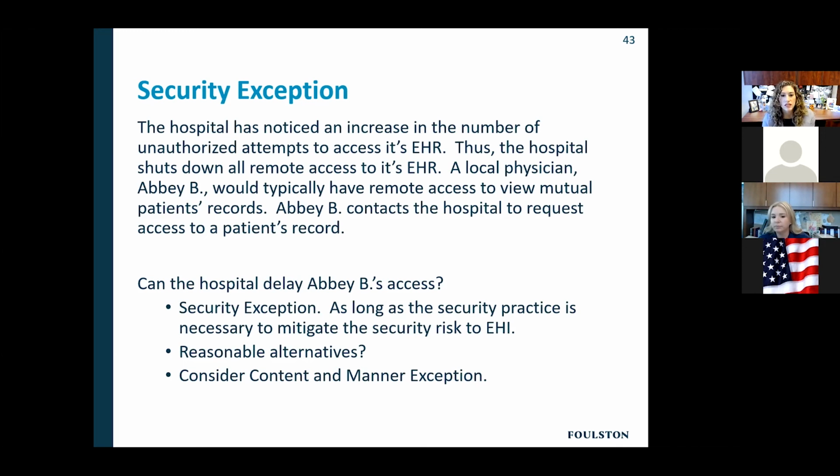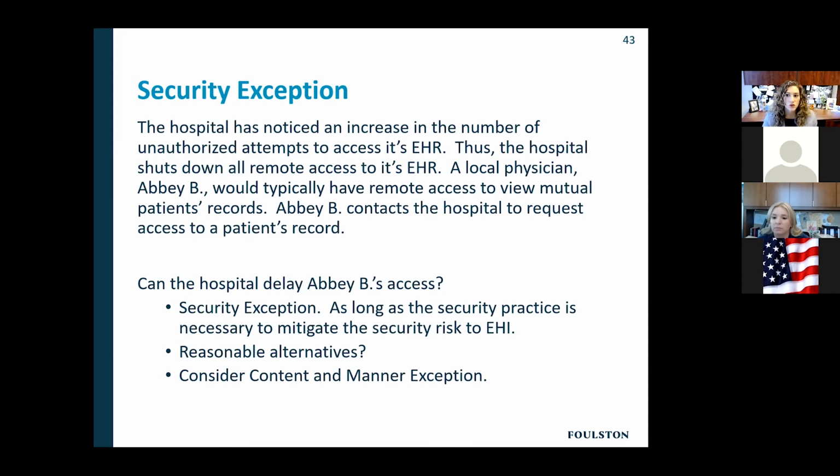So there was this idea in the information blocking rule and the final rule that if you're going to invoke the security exception and you have that security risk assessment and you're trying to assess the current risk, your initial response can be drastic. However, once you get to assessing the current risk and looking into it, the ONC is going to expect you to replace that initial drastic response with a less onerous response that is reasonably and appropriately tailored to that risk.